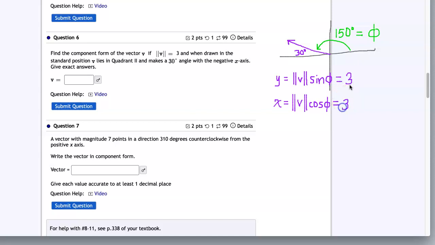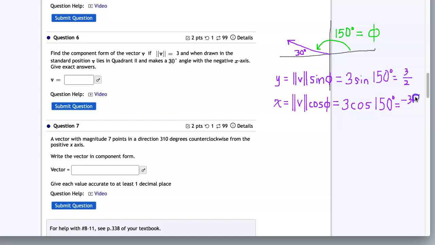And then we have the sine of 150 and the cosine of 150 degrees. What is the sine of 150 degrees? It's 1/2, so that's 3 times 1/2, which gives us 3/2. And then what is the cosine of 150? Negative root 3 over 2. Multiply that by 3 and we get negative 3 root 3 over 2.